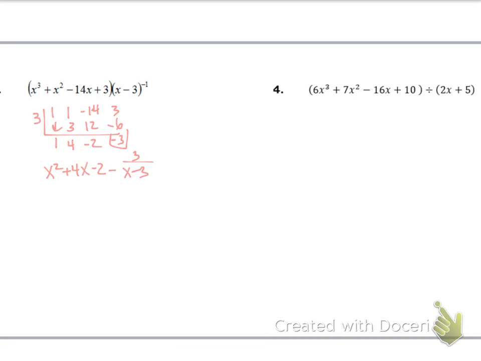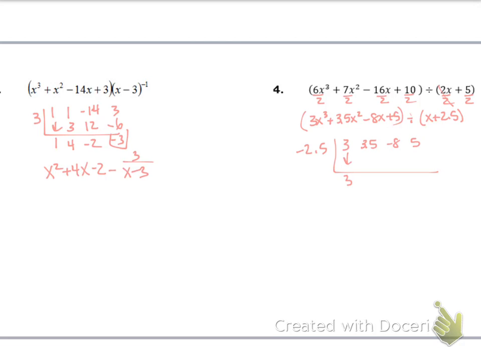The times it really gets difficult are times like these, because I need to get rid of that 2. What I'm going to do is divide everything by that 2 to get it out. Now it's gone, and I've got 3x cubed plus 3.5x squared minus 8x plus 5, all divided by x plus 2.5. So that's what I'm going to put on the outside, a negative 2.5. And then I've got my cubed, my squared, my x, and my number.